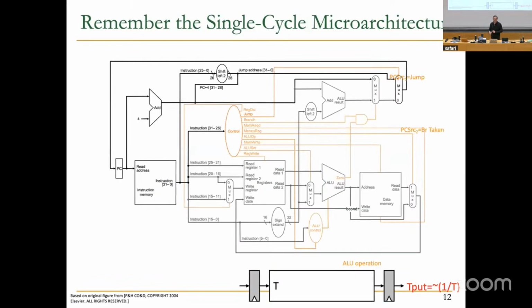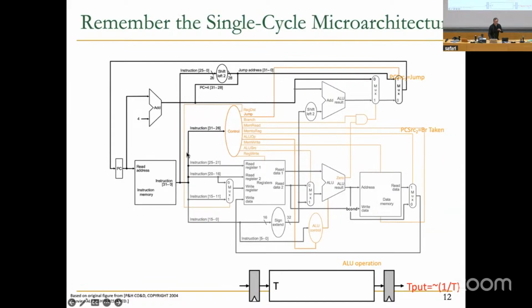But before that, let me cover a little bit more about how we actually designed the pipeline. We actually started with a single-cycle microarchitecture. So that's the beauty of single-cycle microarchitecture I said yesterday. It was there. We discussed it for educational purposes. We designed a single-cycle microarchitecture a few lectures ago, and this is something hopefully you remember.